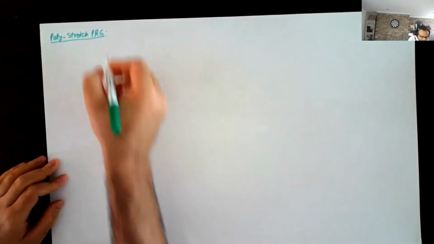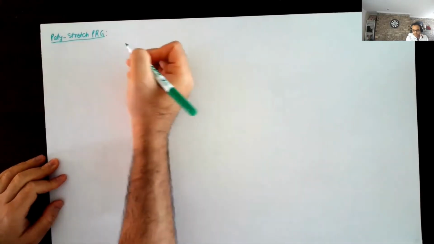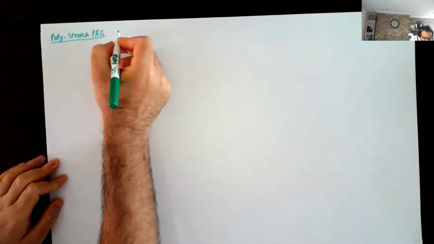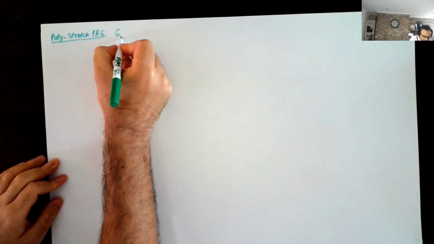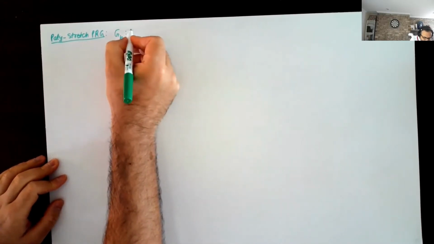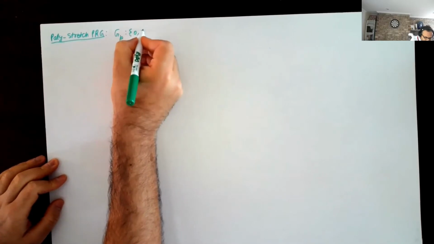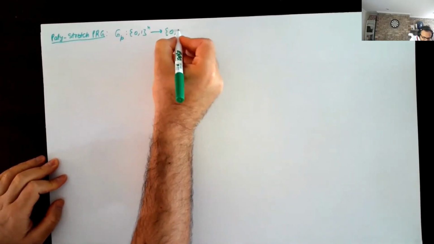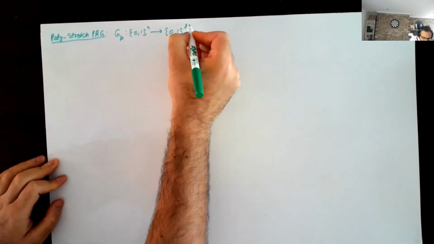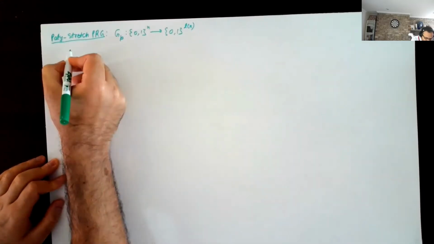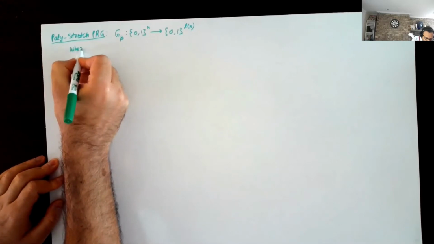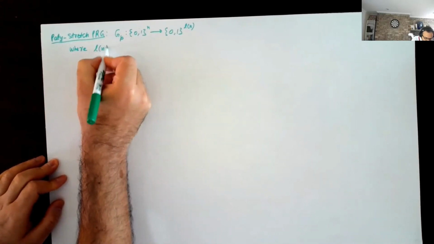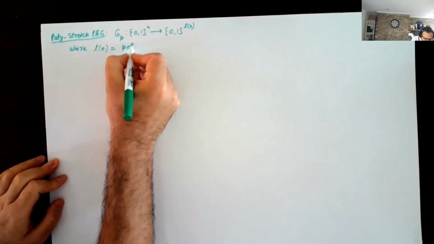We need to construct a function, let's call it GP, which takes an n-bit input and stretches it to L of n, where L of n is any polynomial in n.